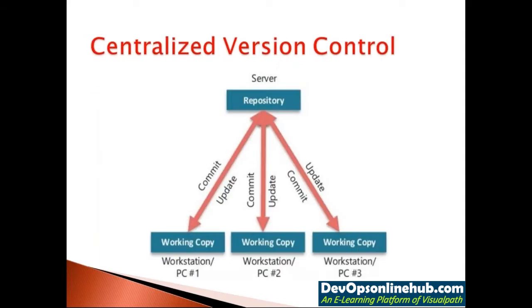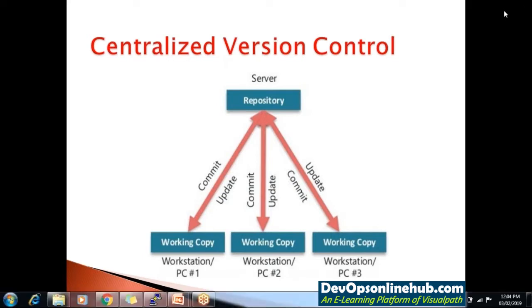In the centralized version control system, the working copy is our workstation, our PC or local desktop or laptop, where we do the coding. Here we see the server repository.